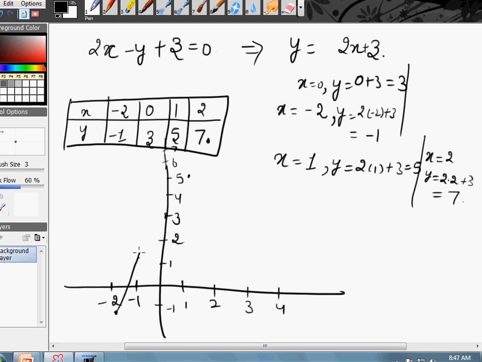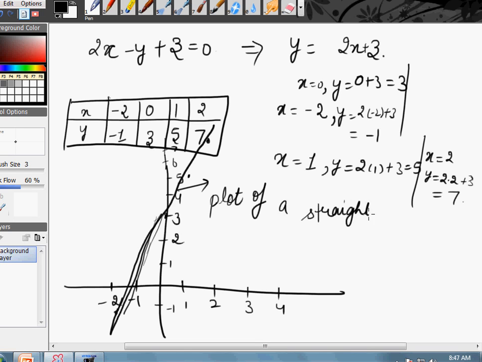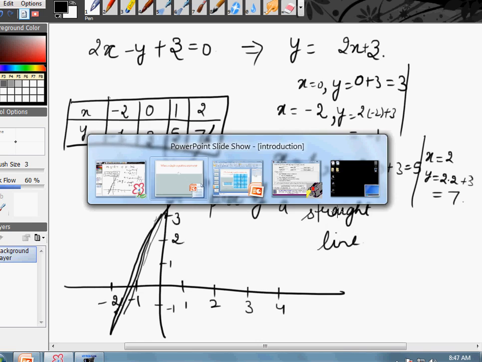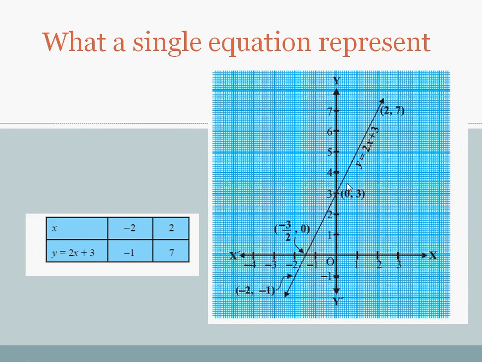Connecting the different points, we have the graph, though not plotted clearly, but it represents a plot of a straight line. That is, this equation, if we look clearly, represents a straight line.